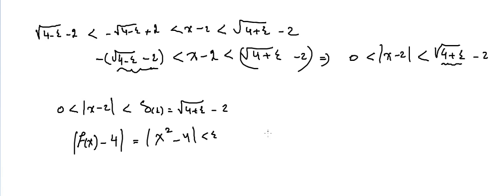Therefore, the limit exists. The limit of x squared as x tends to 2 is equal to 4.